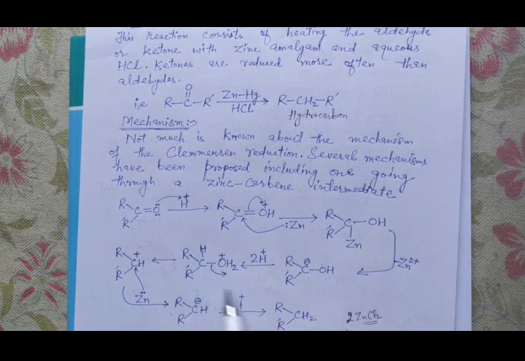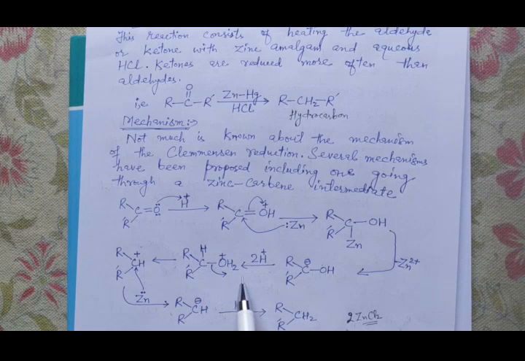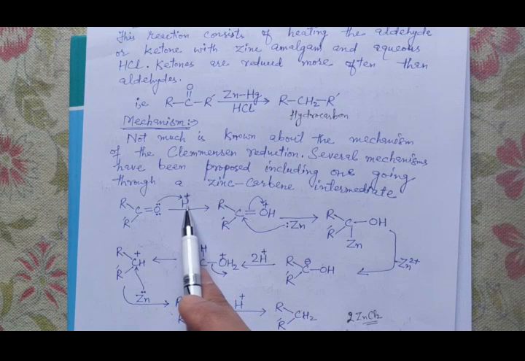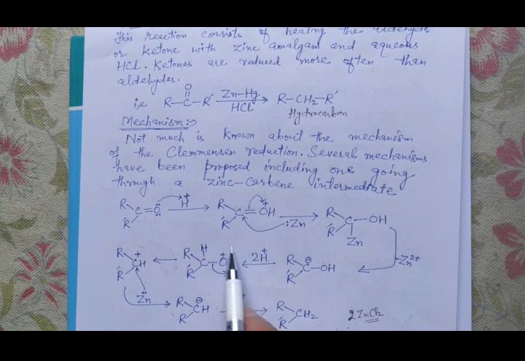So you are seeing here that during the course of this overall reaction, this is the first proton that is being utilized, these are 2, so 3 protons, and again in the last step, 4 protons, and these 4 protons come from the medium, that is HCl. So if 4 protons are being utilized, it means 4 chloride ions are also released.